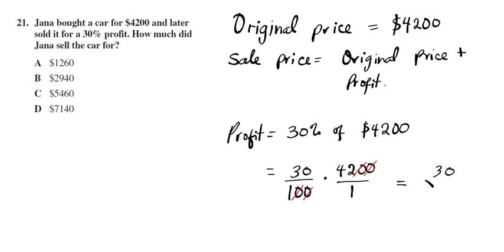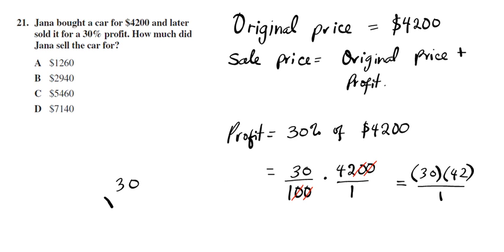Just multiply across. Bottom is just 1. Let me write it differently: 30 times 42 divided by 1. And now let's do the multiplication.